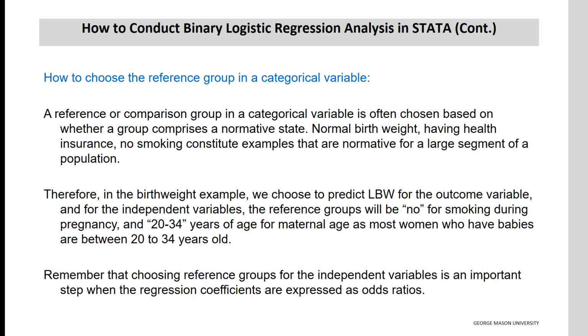So how do you choose the reference group in a categorical variable? A reference or comparison group in a categorical variable is often chosen based on whether a group comprises a normative state. Normal birth weight, having health insurance, no smoking, all of them constitute examples that are normative for a large segment of a population.